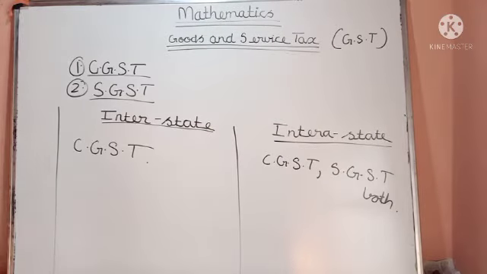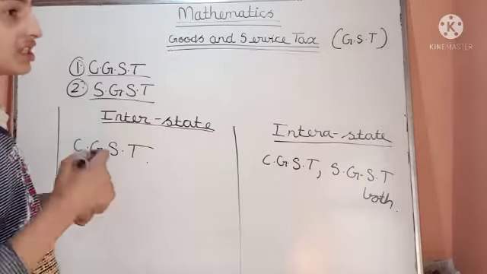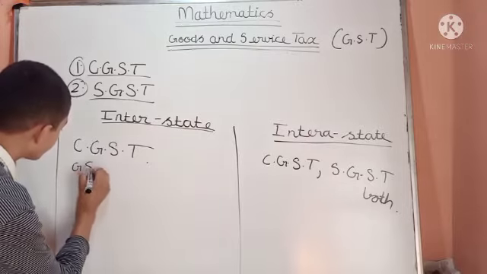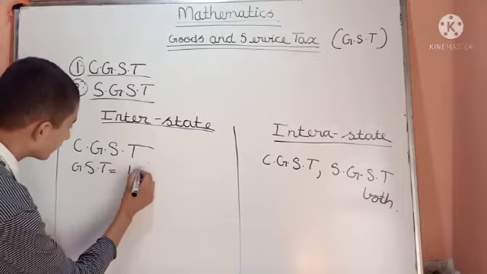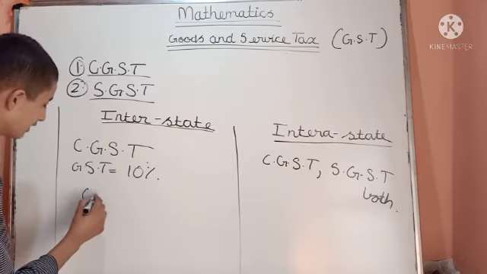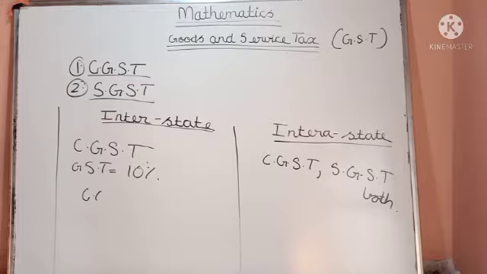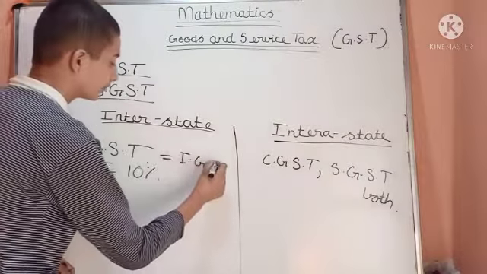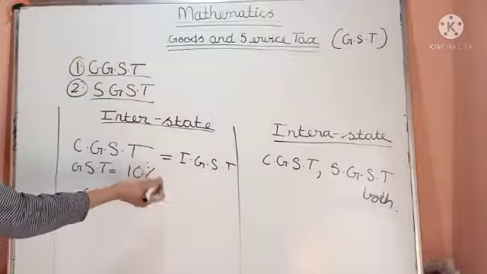So if a question says that GST is 10%, then in an interstate sale the whole 10% tax will be paid as CGST. In the case of interstate sale, CGST and IGST are the same term.